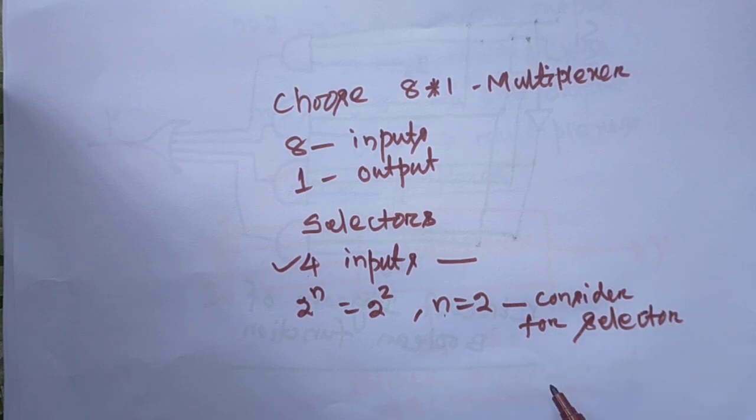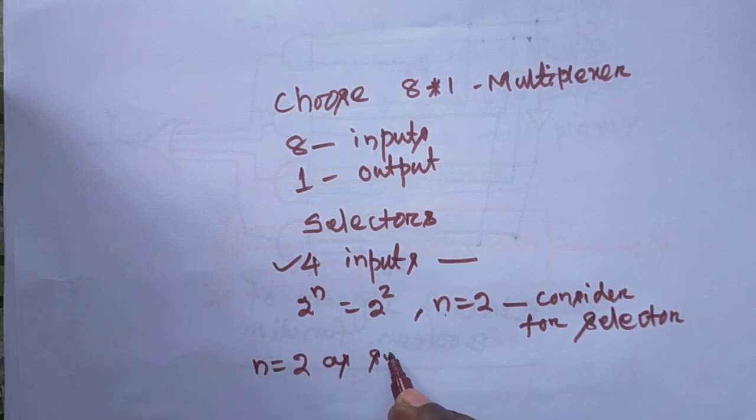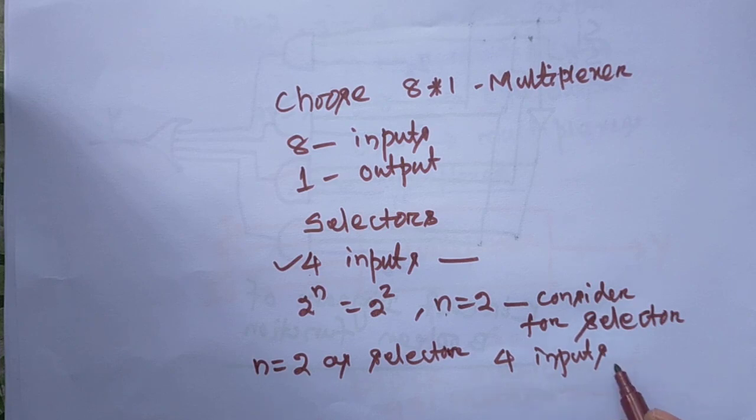Very simple example: if n is equal to 2, how many selectors are required? 2 selectors are required for 4 inputs. With n equal to 2 as the number of selectors, we can take 4 inputs.